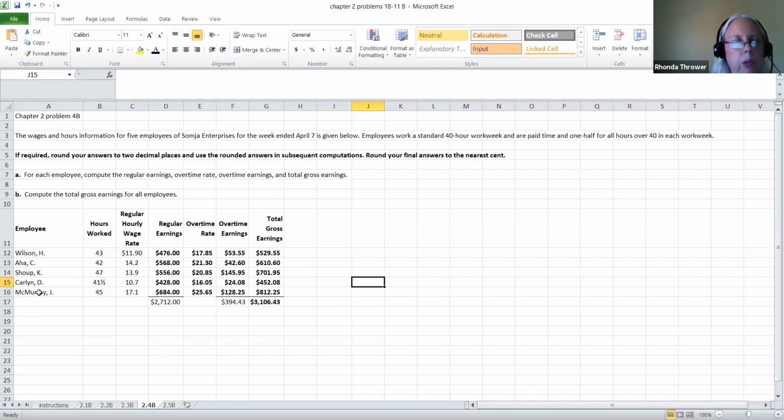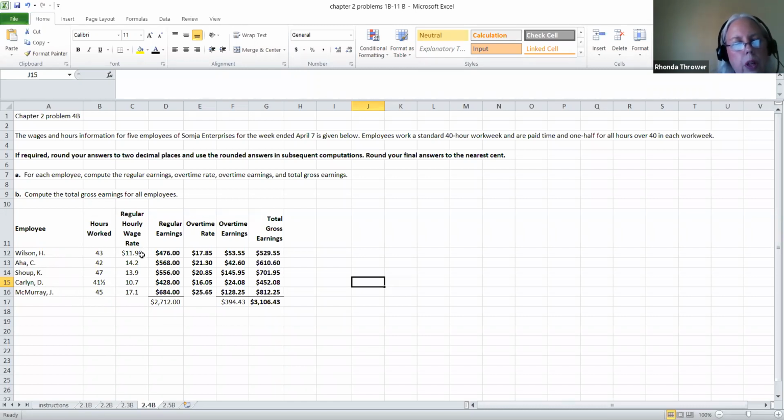These are all of our employees, and these are the hours worked. Now notice these hours worked are over 40 hours. So there's going to be some overtime that we have to pay to the employees for hours worked over 40 hours.